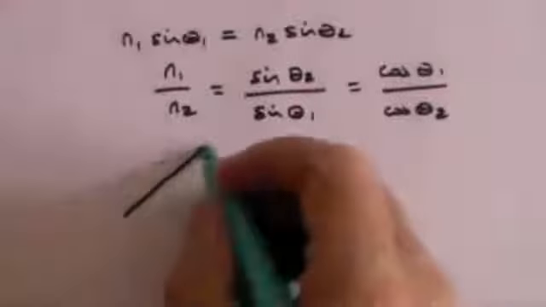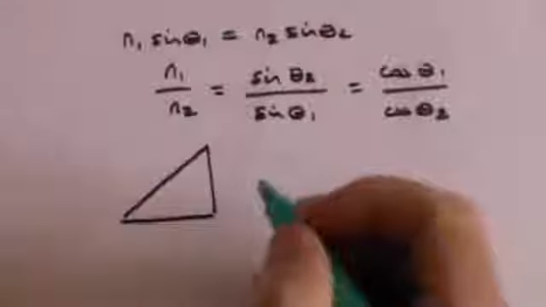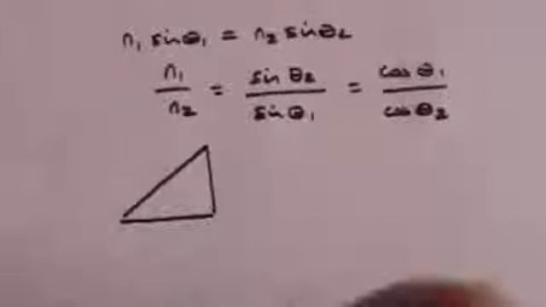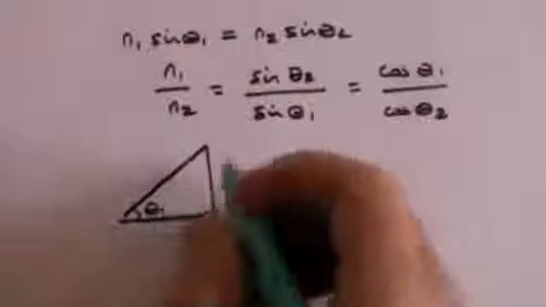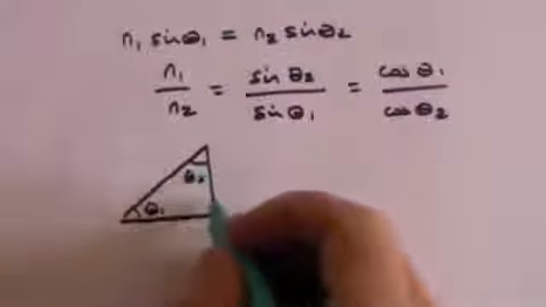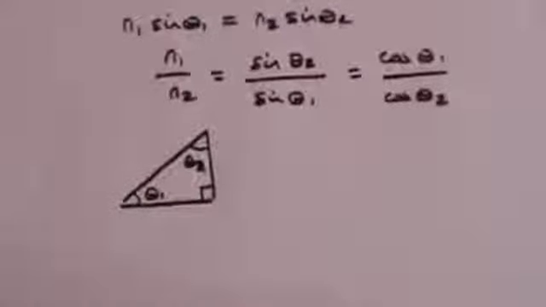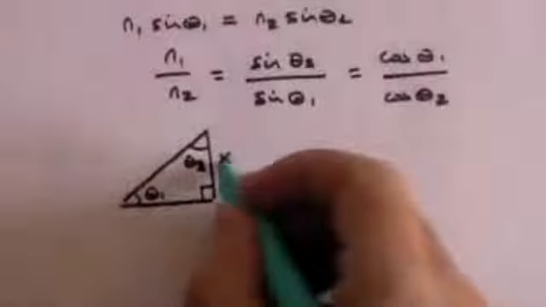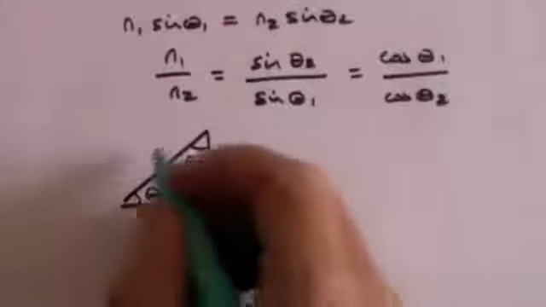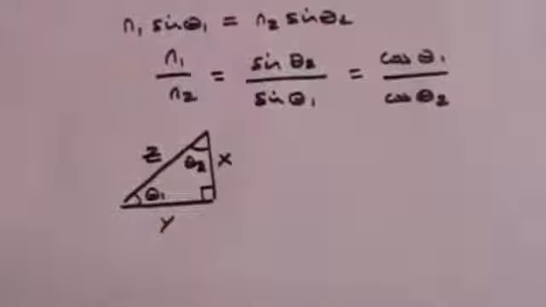Well, let me just draw you a little diagram. Here is a right angled triangle. I'm going to call this angle theta 1 and this angle theta 2, and this is 90 degrees. And the sides I'm going to mark x, y and z. That's the length of the three sides.